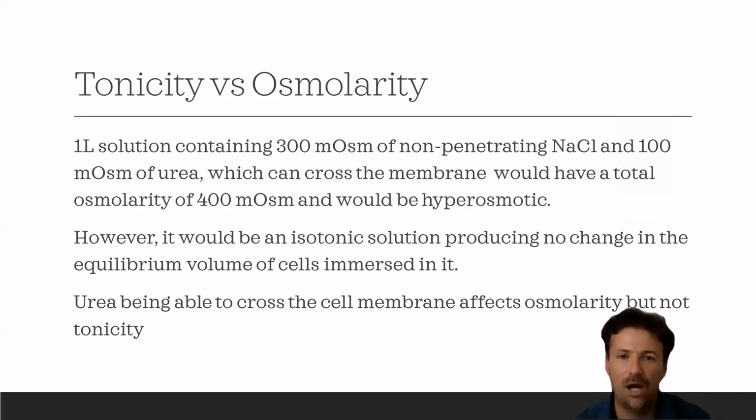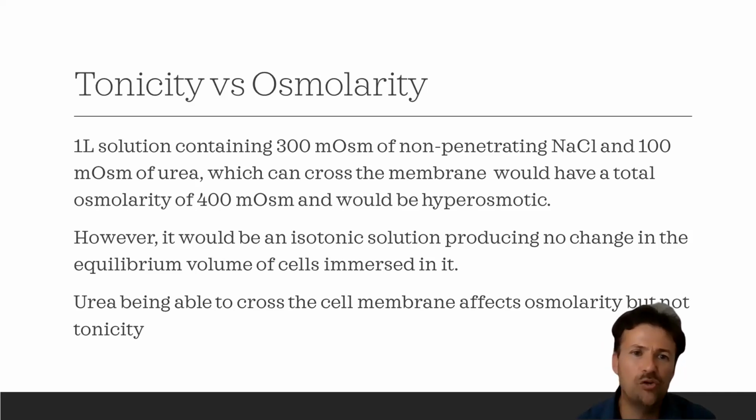Now, compared to the cell, 400 is greater than the 300 that you find inside the cell. So we can say that that solution is hyperosmotic. However, only 100 milliosmoles of urea is permeable. The other 300 milliosmoles of sodium chloride is non-permeable.